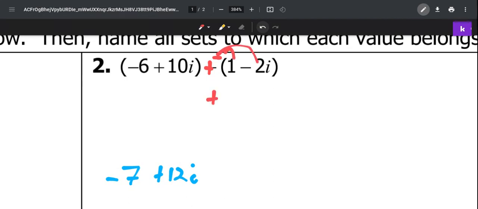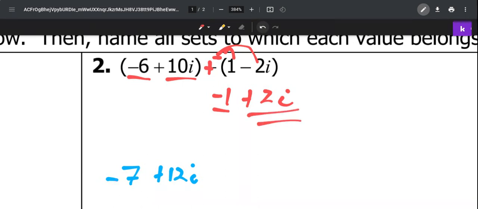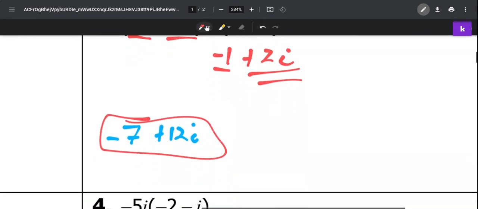You could say this is plus -1, so that would be -1 plus 2i. Then you could say, okay, -6, -1, -7. Then positive 10i plus 2i is 12i. All right, so that's the first part. Let's keep going.